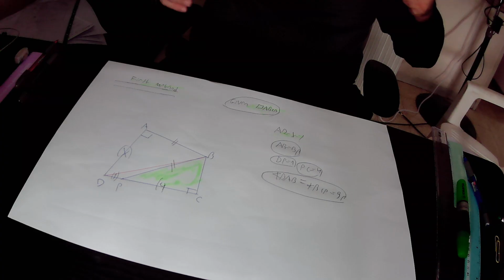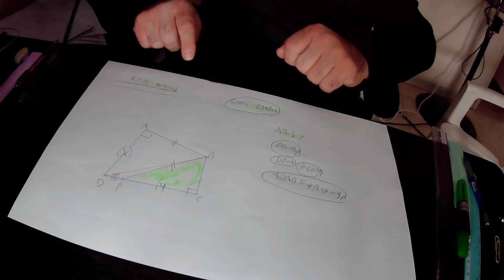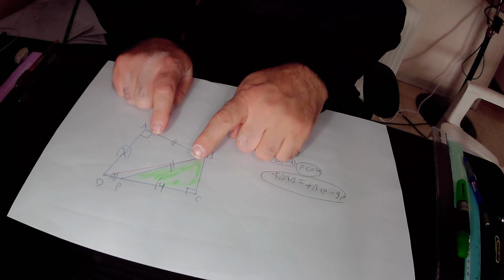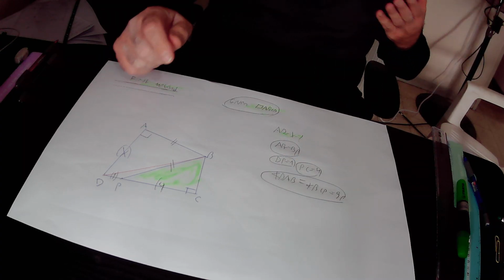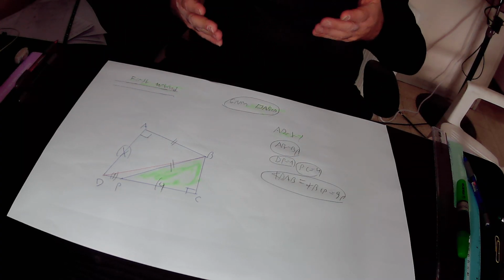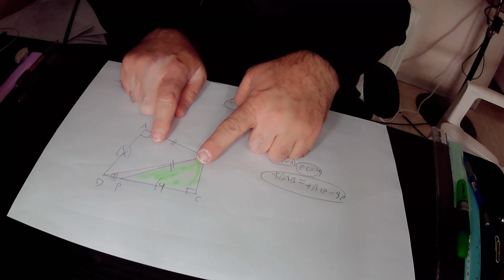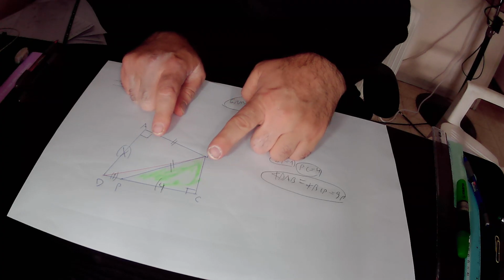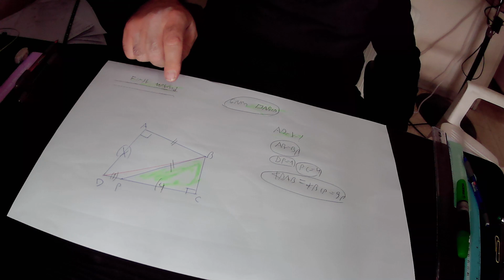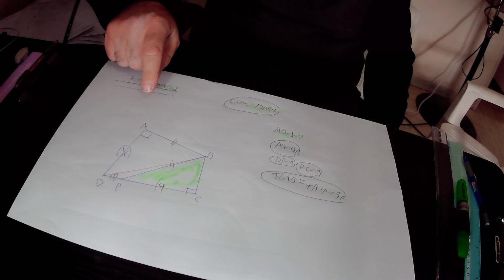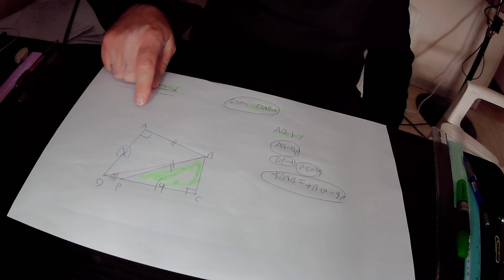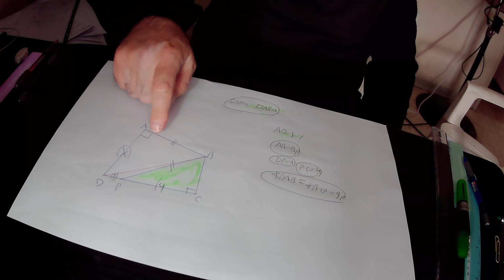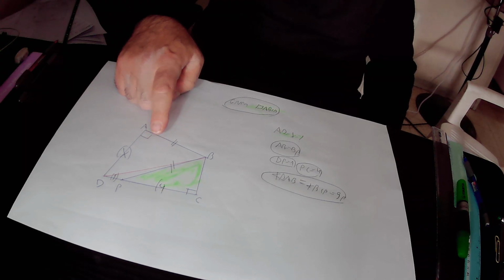By joining points B and D, we divide the quadrilateral ABCD into two right triangles. We implement the Pythagoras theorem on both of these right triangles. First of all, we apply it on this right triangle ABD.